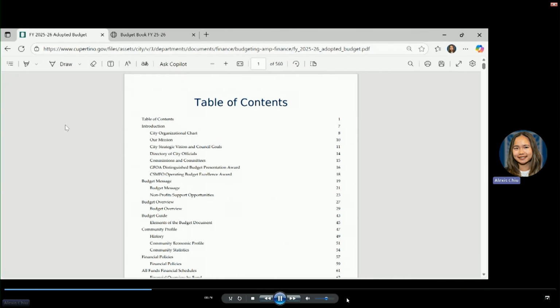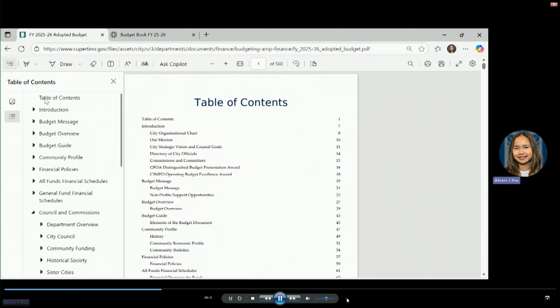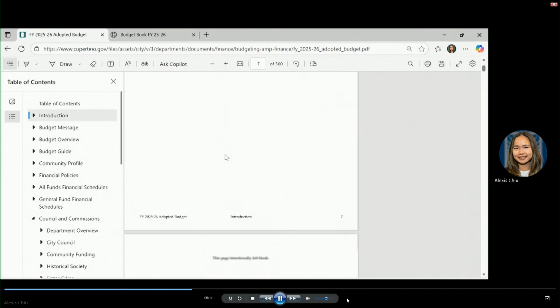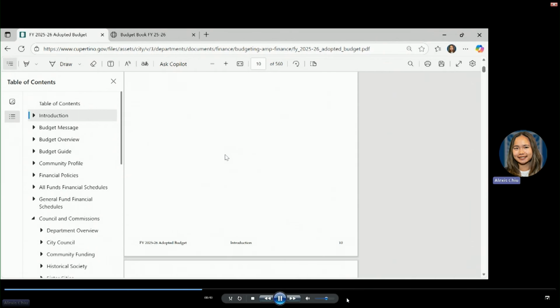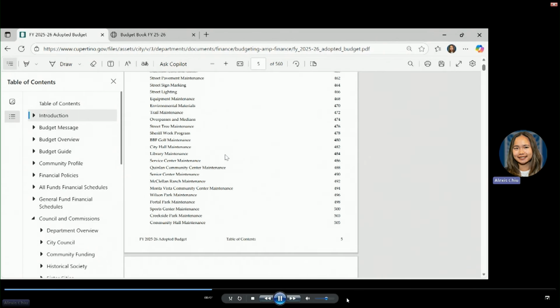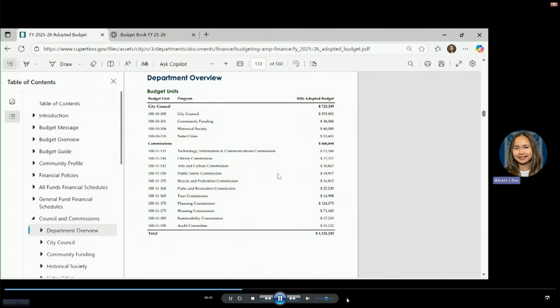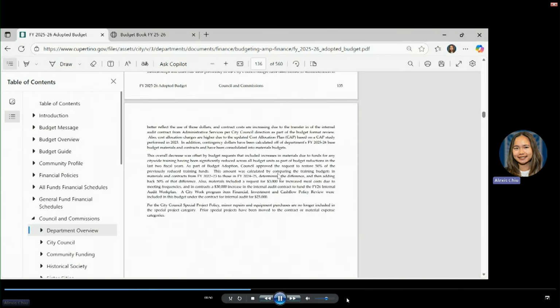But also, if you click on the side here, it can expand to this menu that if you click on it, it'll bring you to different pages of the PDF. So for our example today, we're going to go to Council and Commissions, and let's just say I want to see the department overview. So this is how you get here on the PDF.